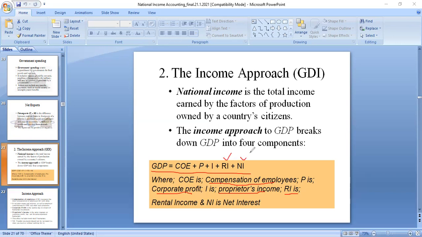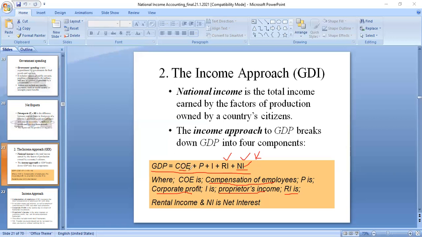And the NI stands for net interest. Remember, we've seen that the income approach refers to the payment to the factors of production. For example, what is the payment to capital? The payment to capital is interest. That's why we have net interest. And what is the payment to labor?